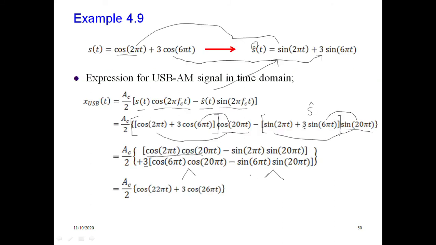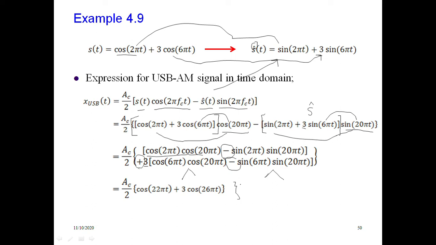So actually, when you multiply each of these, be careful with the plus and minus. You will get the same sine and cos, but at the end, the objective is to remove the other part.